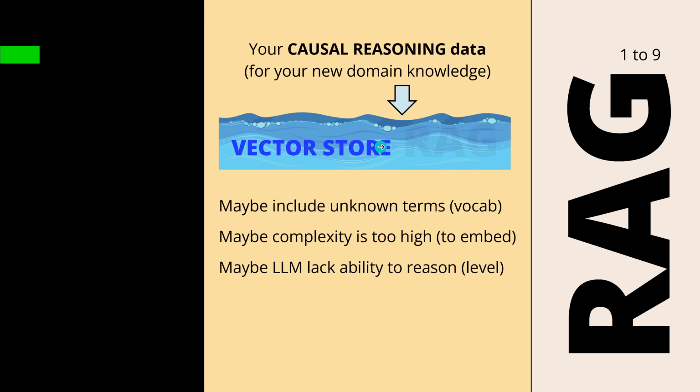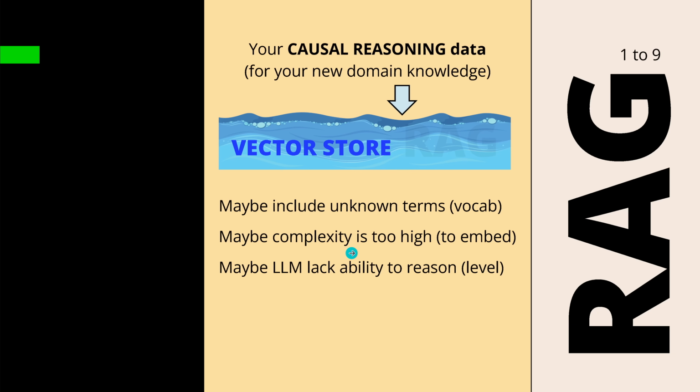So now there might be a problem in this, no? Because maybe this new causal reasoning data, who have to be very specific and very domain specific and maybe even contain out of distribution data, this may include unknown terms, maybe just in the vocabulary that you are happy because we know how to solve this.